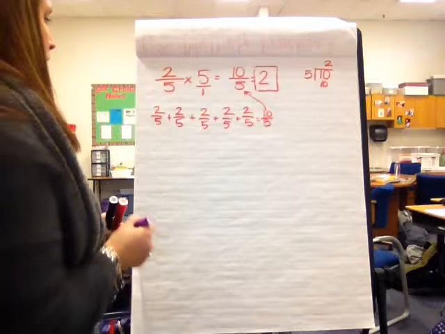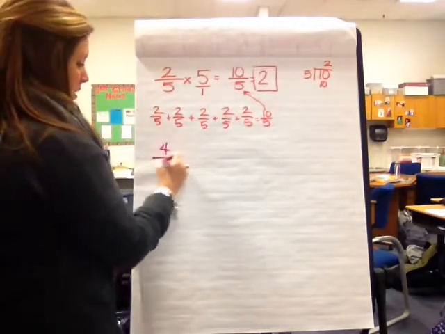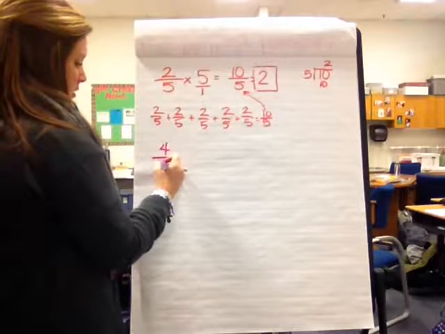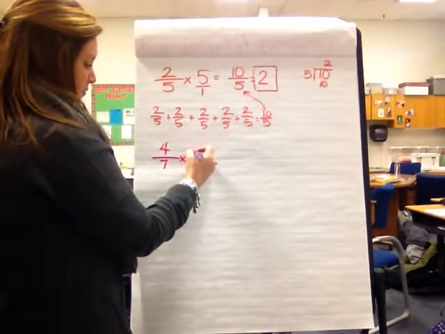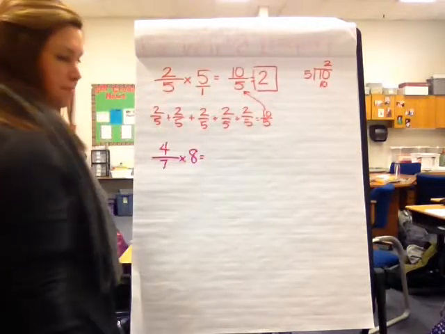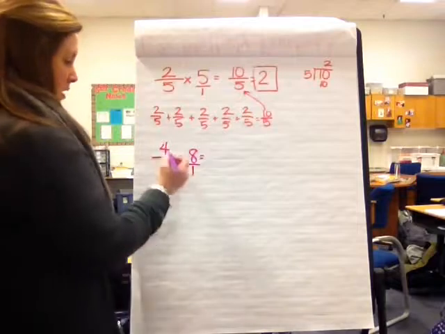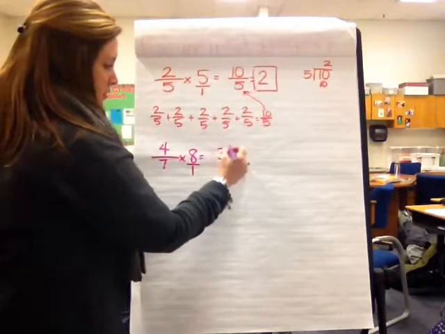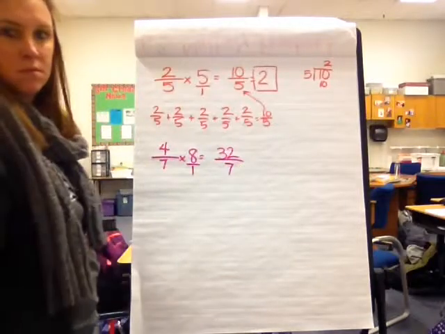Okay? Another problem, let's do 4/7 times 8. Well, what do I do here? Make this a fraction. 4 times 8 is 32. 7 times 1 is 7.